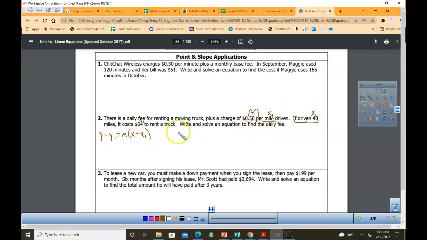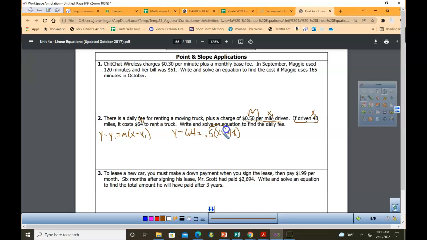So now we plug into our equation. I do y minus my y1, which was $64, equals my slope, times x minus my x1, which is 48. Now what they want to find is our daily fee. So what we've got to do is get y by itself and figure out what is my b. What's my y-intercept? What's my starting point?